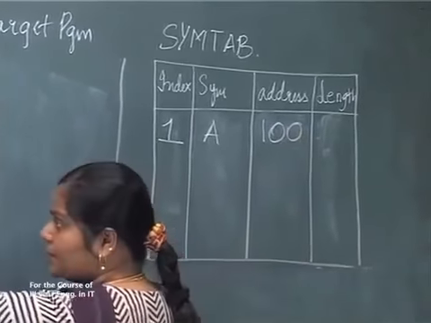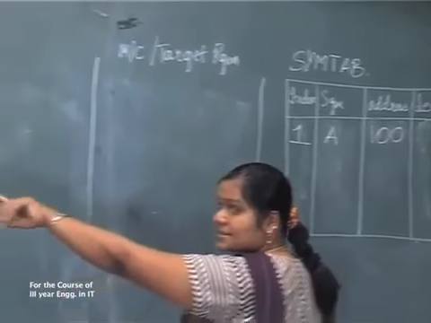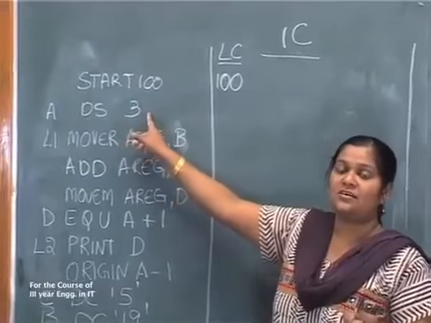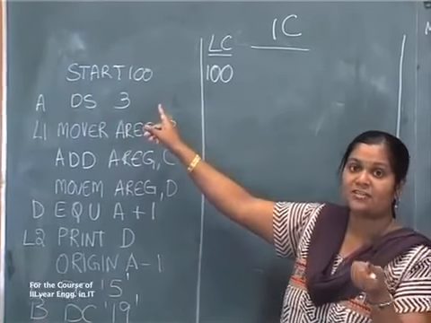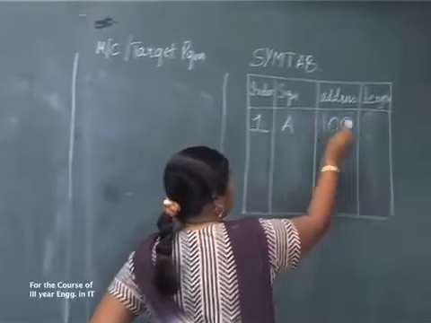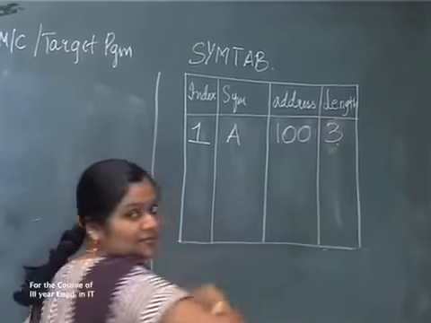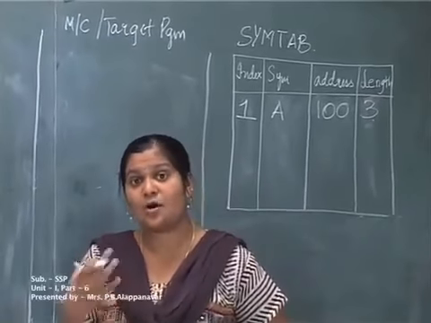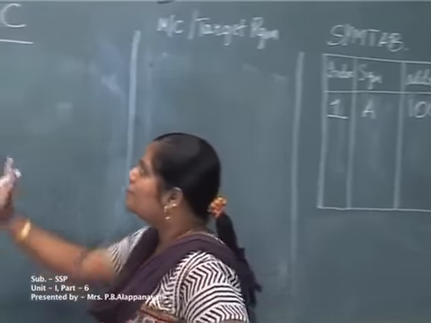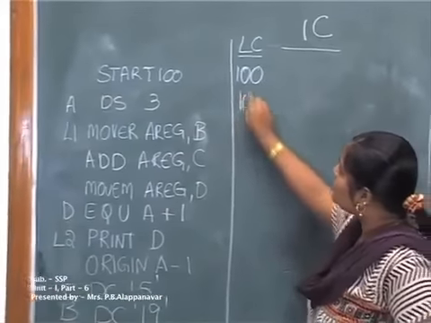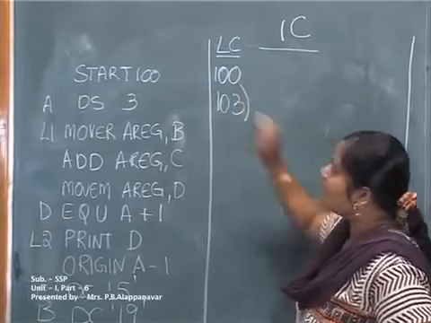Now if you look at the program, it says DS 3. It says that you have to reserve memory space for 3 words. So the length of this particular symbol is actually 3. That is the size. Length actually means the size occupied by that particular statement. So you are associating 3 memory words, and that is why the location counter becomes 103.